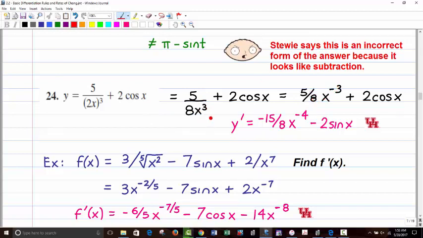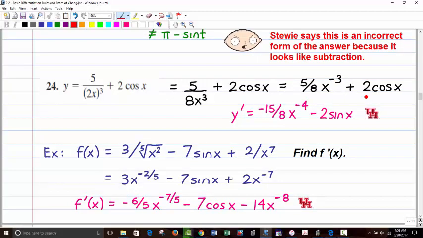The 8 doesn't come up with it, just the x cubed. So you leave the 8 on the bottom, bring the x cubed up, and now we take the derivative. So you take negative 3, bring it down, and multiply it by 5/8. So you get negative 15 over 8. Subtract 1 gives you x to the negative 4. And then the derivative of 2 cosine of x would be negative 2 sine of x. Okay, so watch out for that. Don't bring the 8 up.